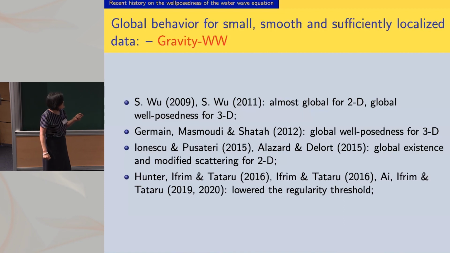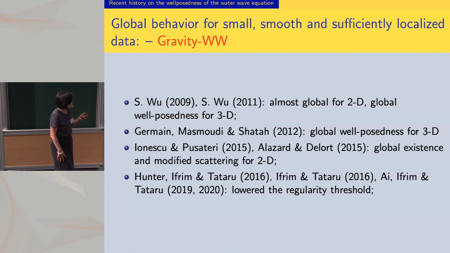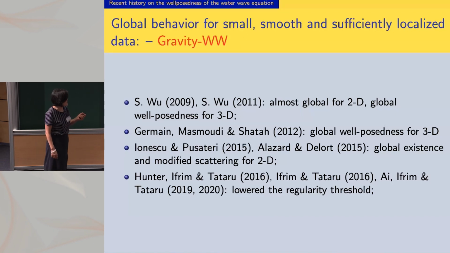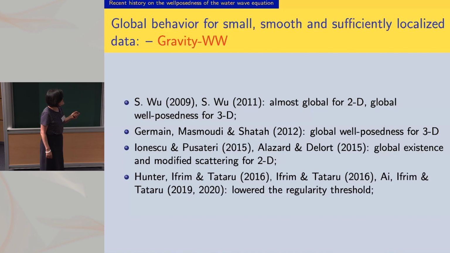For 3D, we were able to show that the water wave equation is globally well-posed for small, smooth, localized data. Germain, Masmoudi and Shatah gave a different proof, and furthermore showed there is scattering. And Ionescu, Pusateri, Alazard and Delort proved global existence and modified scattering for the 2D case.